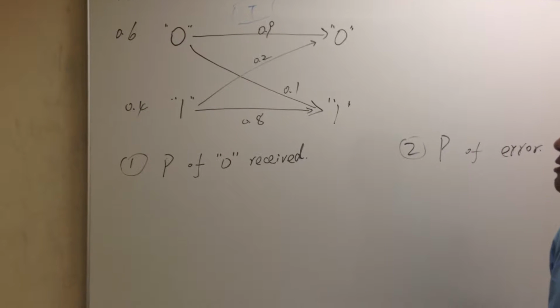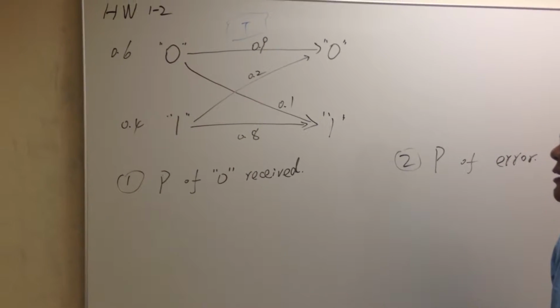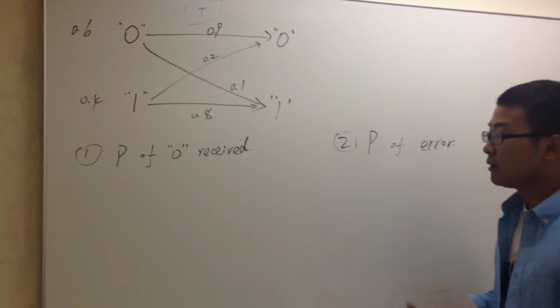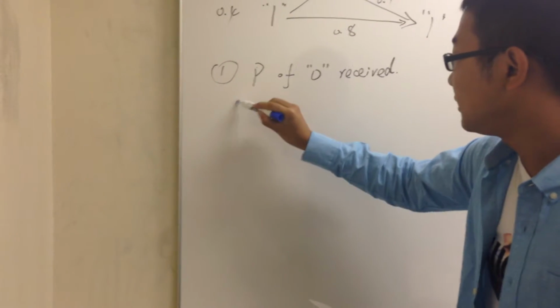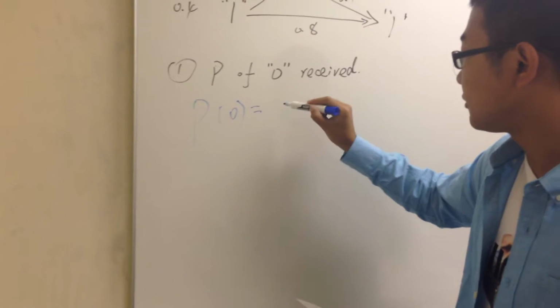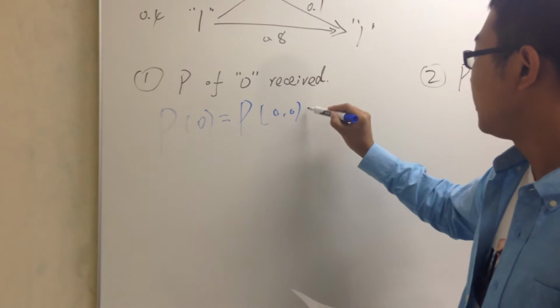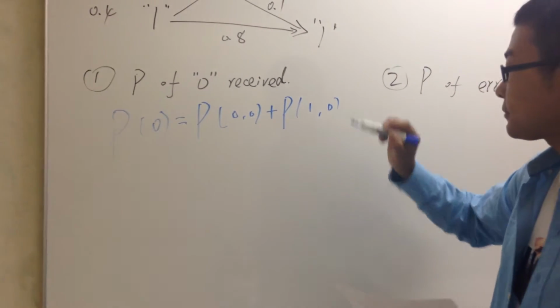These two conditions are mutually exclusive, because they cannot happen at the same time. So we can write: probability of 0 equals probability of 0 to 0 plus probability of 1 to 0.